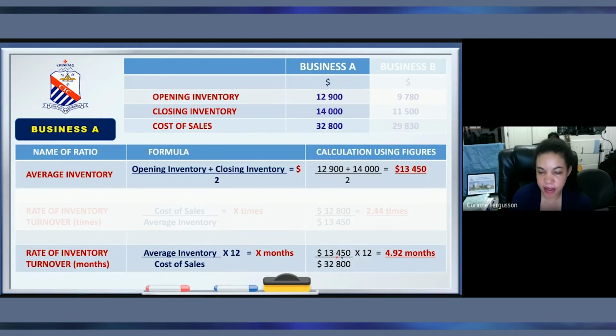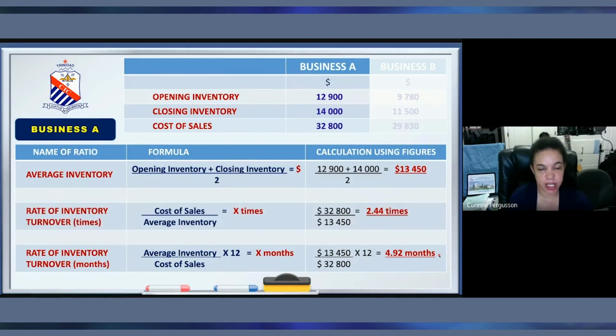Once again, it was the average inventory which we worked out on top here over the 32,800 which is given, and you're multiplying by 12 because in this case we're expressing it in terms of months, and so we got 4.9 or 4.92 months.